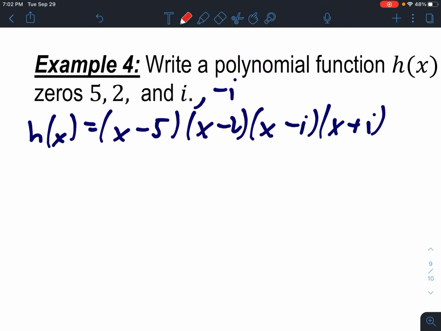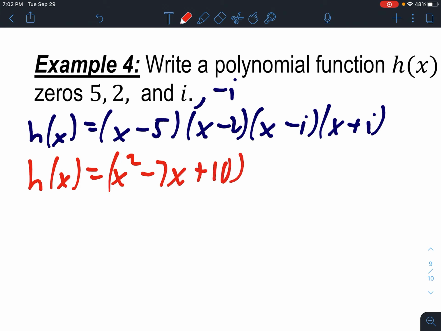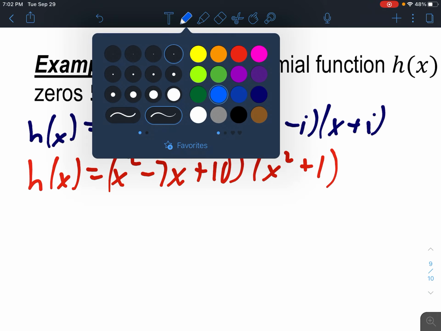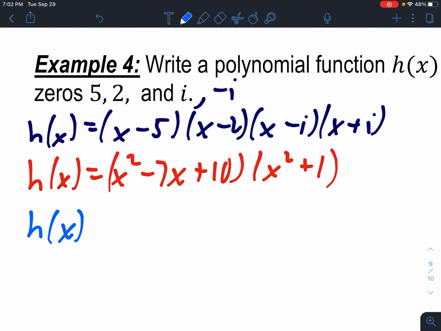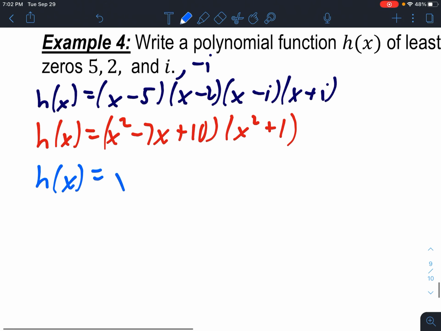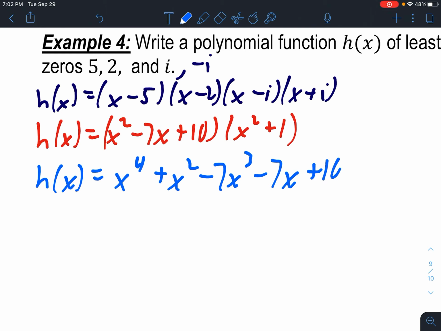So I'm going to do 2 steps in one here. I'm going to multiply the 2 real parts together to get x squared minus 7x plus 10. And multiply the 2 imaginary parts together to get x squared plus 1. And now we can multiply the real and imaginary parts together. x to the 4th plus x squared minus 7x cubed minus 7x plus 10x squared plus 10.